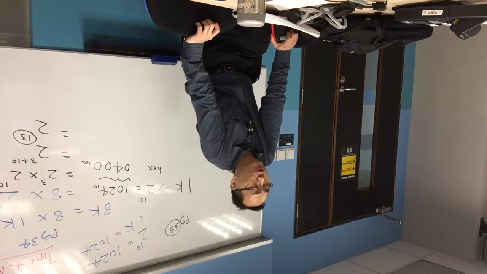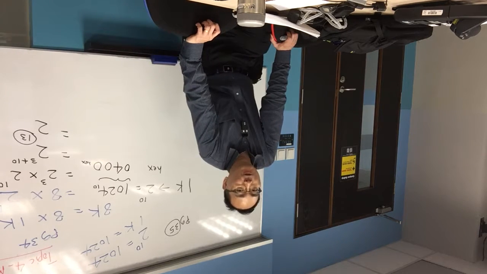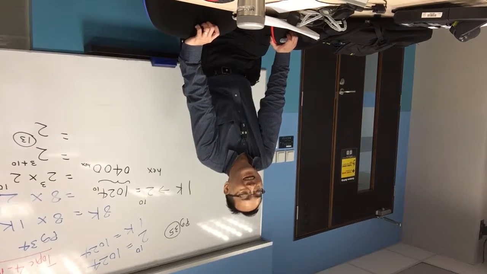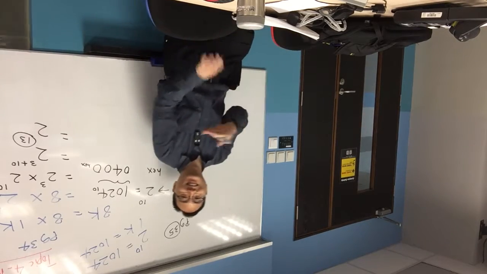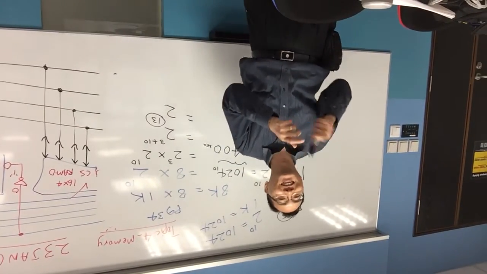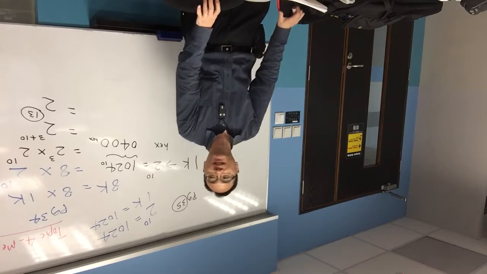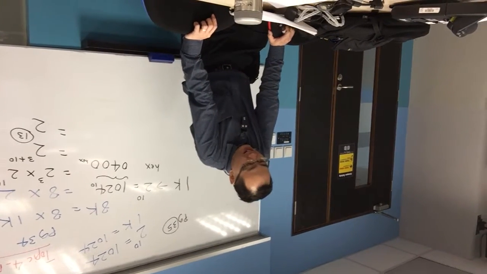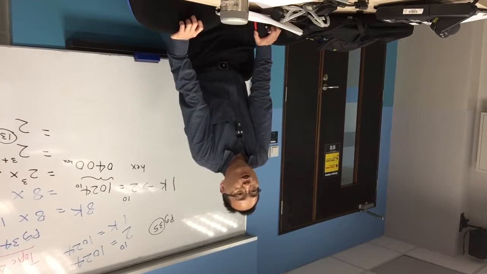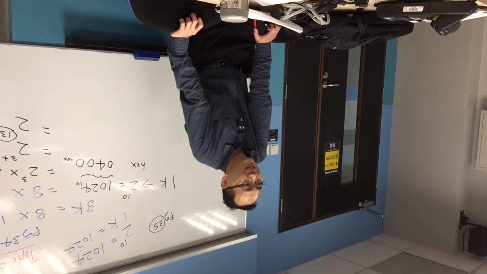Please know how to use your calculator. Don't go into the exam hall and start to find the keys. It's too late. Sharpen your knife first, or sharpen your pencil, before you go for the exam. Don't go inside then start to sharpen. So sharpen your knowledge before you go to the exam.